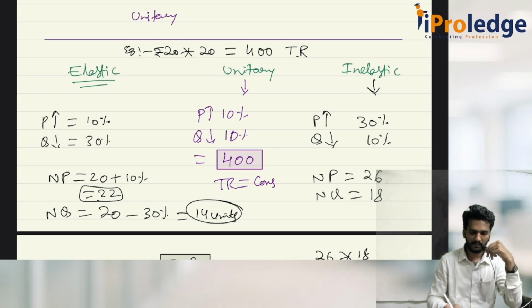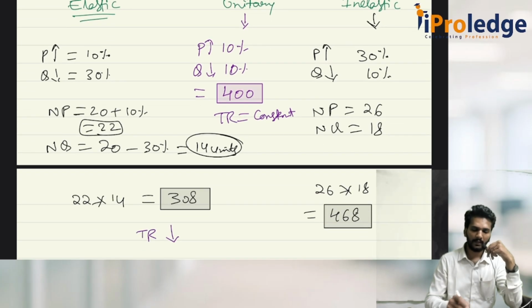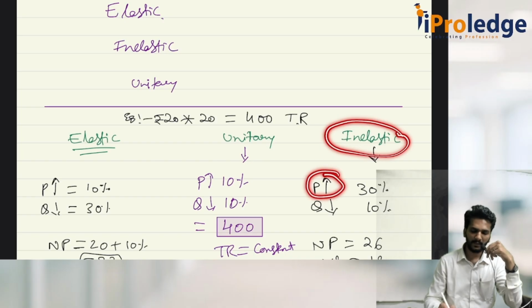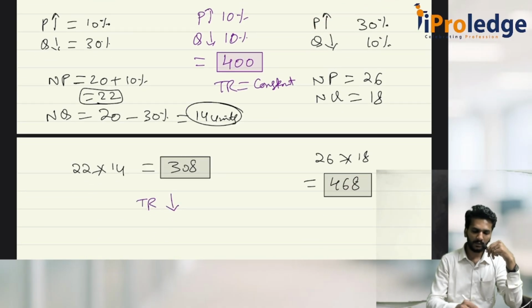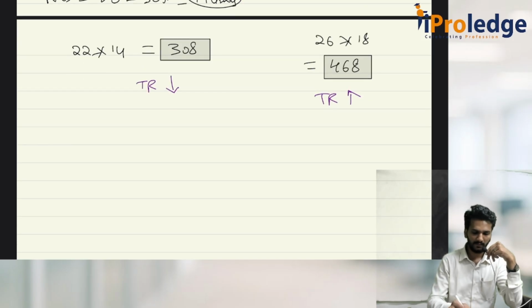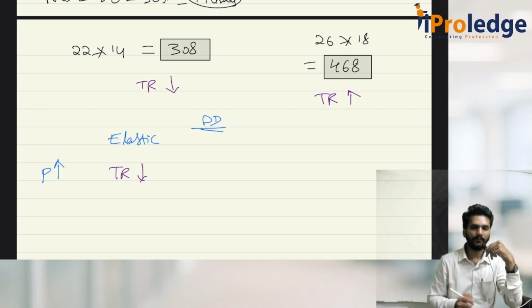That means constant. And again, under inelastic demand, when there is an increase in price, the total revenue has increased. That is why we tell, when the price is increasing and the demand is elastic, the total revenue will fall.